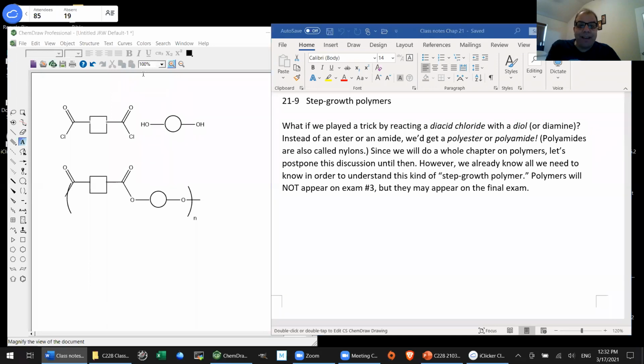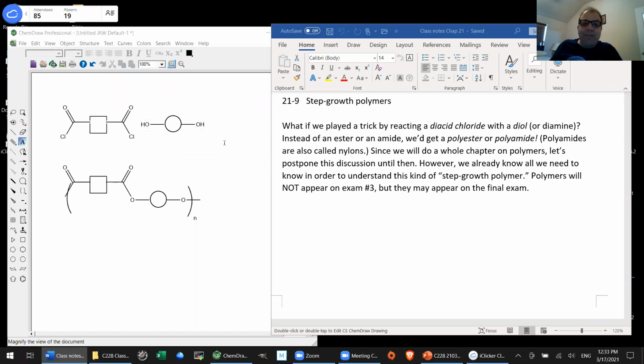That being said, I still want to bring up the idea. We already know that an acid chloride functional group will react with an alcohol functional group to make an ester. So what if we played a little trick on this whole system? What if we had some molecule, I'm just putting a box here to represent the rest of the molecule, but something that had two acid chloride functional groups and a diol, something with two alcohol functional groups.